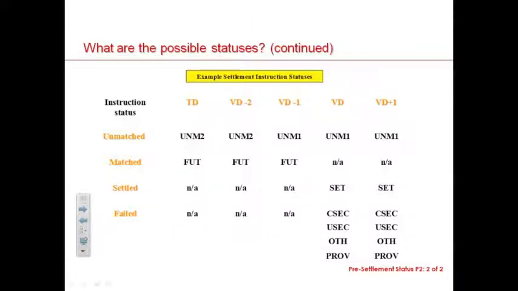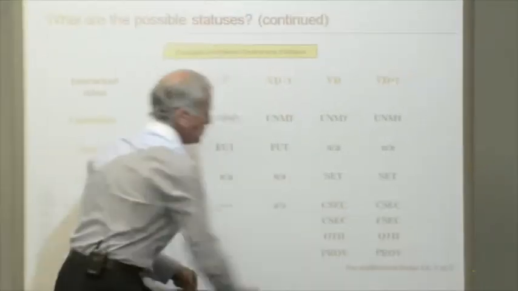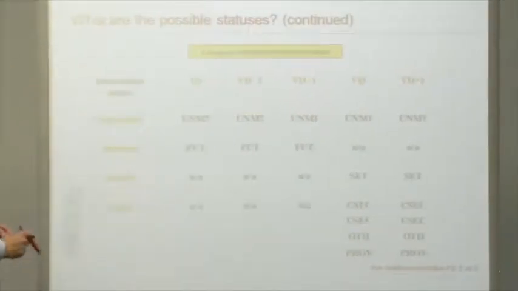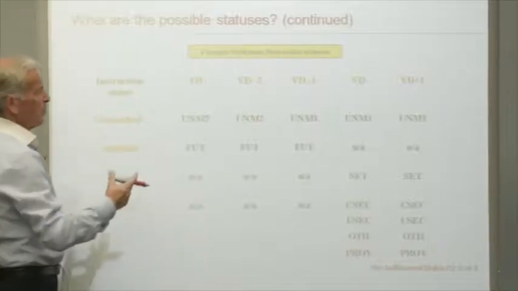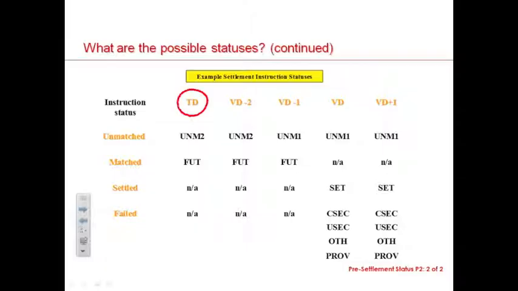Okay, so the possible statuses then. Let's use this chart to identify what the possible statuses can be. Right, so just to explain the basics of the diagram, here is trade date, and we're assuming T+3 value date.